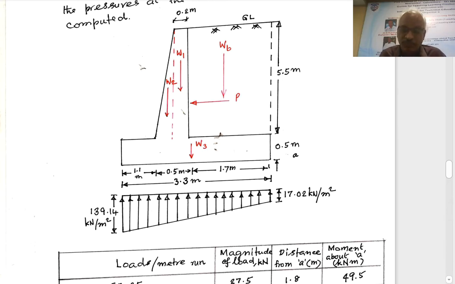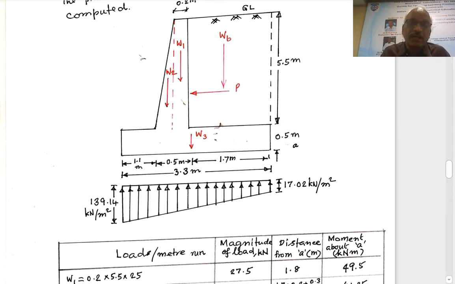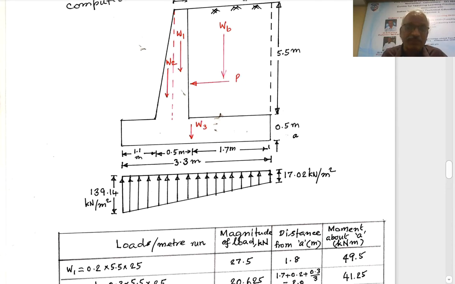Now to calculate the weight, W1 equals the top width 0.2 into 5.5. You can see the table: width 0.2, height 5.5, and we are considering 1 meter length of the wall, which is why the loads are given per meter. So 1 into 0.2 into 5.5 gives the volume, into 25, the unit weight of concrete, 25 kilonewton per meter cube.